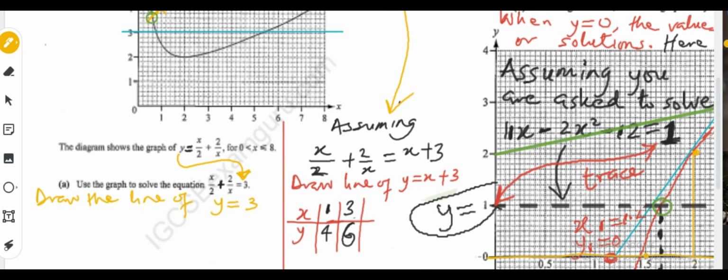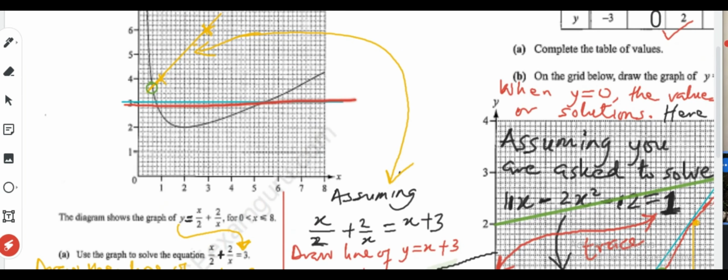We are given: solve x over 2 plus 2 over x equals 3. And you said we draw the line of y equals 3, isn't it? And we've drawn that, this is it. So what are the answers? Because you're asked to solve it, what are the answers?